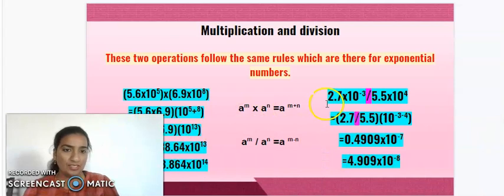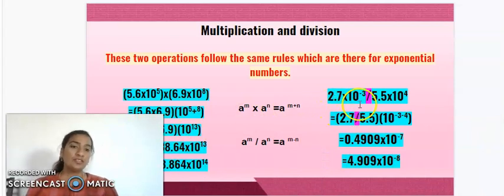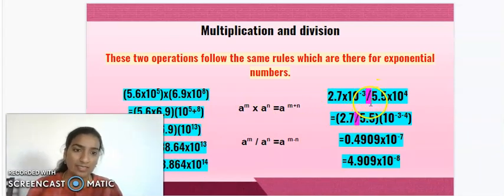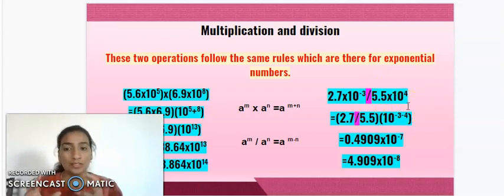Now for division, again, 2.7 into 10 raised to minus 3 divided by 5.5 into 10 raised to 4. In this case also the exponent is different. So we have to divide the coefficients and divide the exponents separately. So 2.7 divided by 5.5 into 10 raised to minus 3 divided by 10 raised to 4.